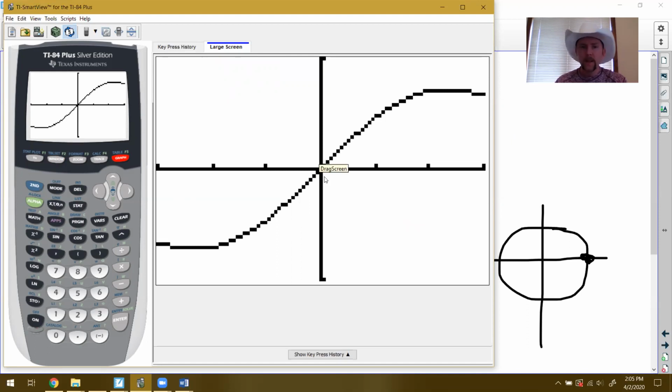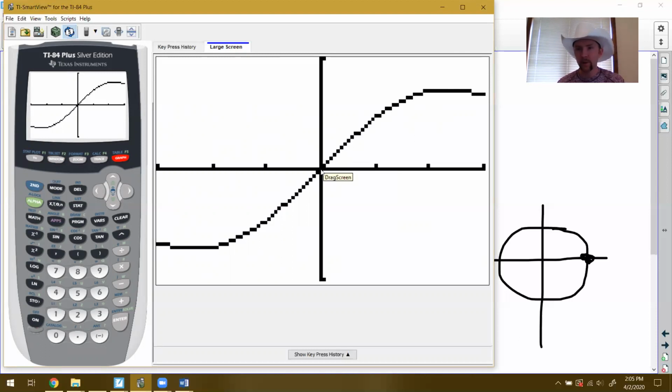From this particular picture, I think we can see what our two-sided limit is as x approaches 0. Two-sided limit, I need both sides to think the same thing. Coming from the positive side, I need to be thinking the same thing as coming from the negative side. If we come from the positive side and work back towards x equals 0, where do I think the y value is going to be?